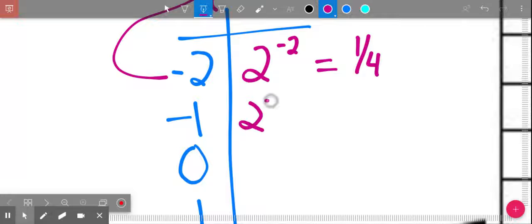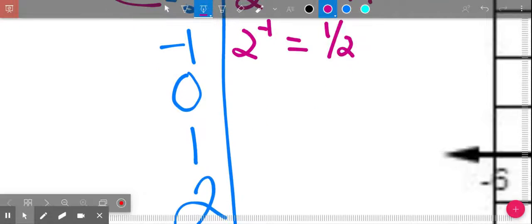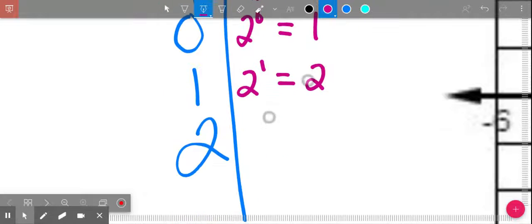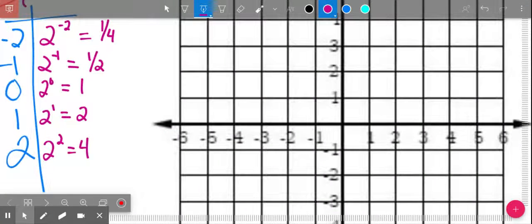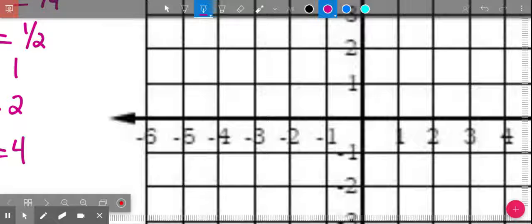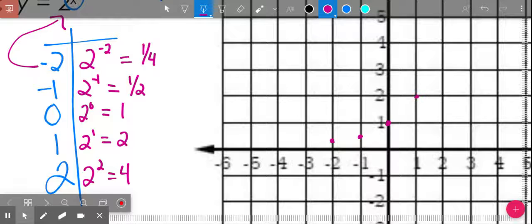So we'll have 2 to the negative 1, which is 1/2. 2 to the 0, which is 1. 2 to the first, which is 2. Then 2 squared, which is 4. So we're going to graph all of our pieces: negative 2, 1/4; negative 1, 1/2; 0, 1; 1, 2; and 2, 4.